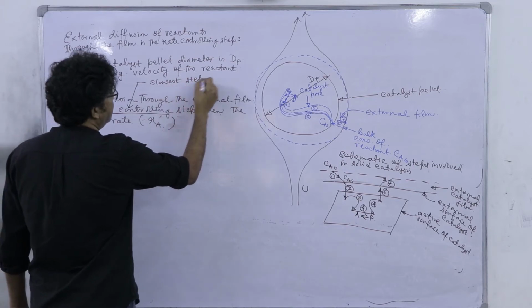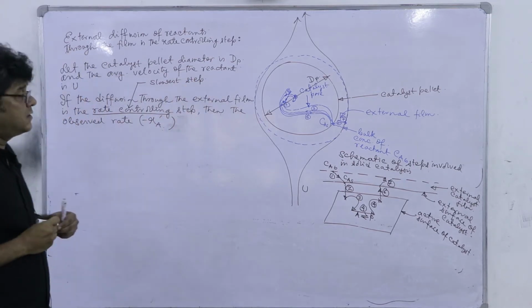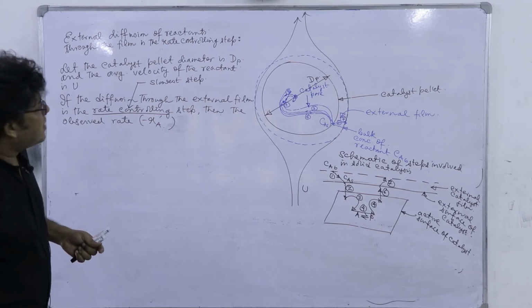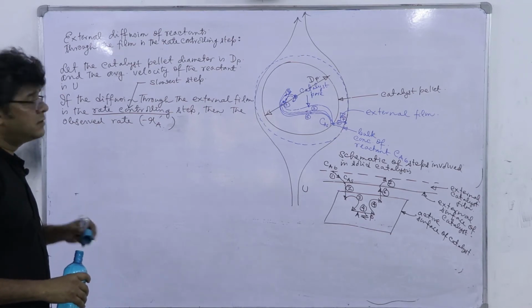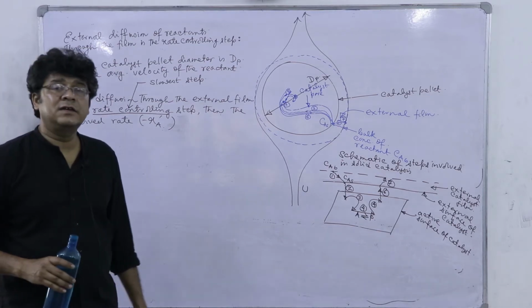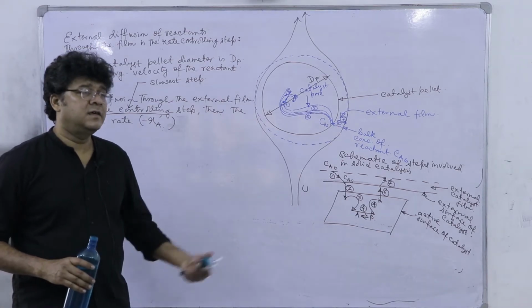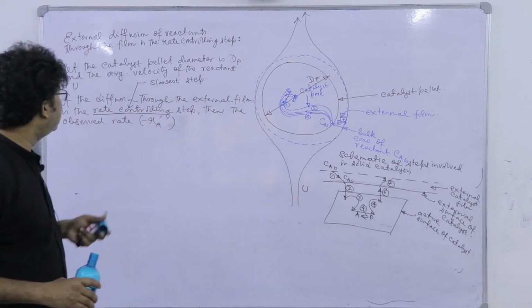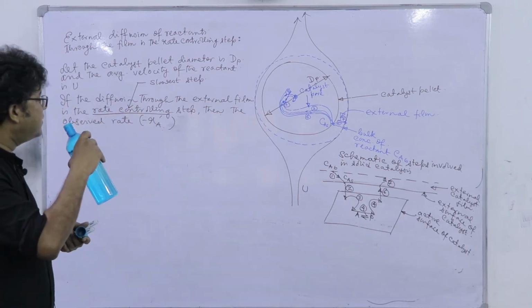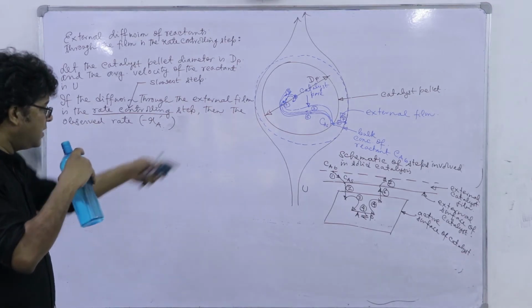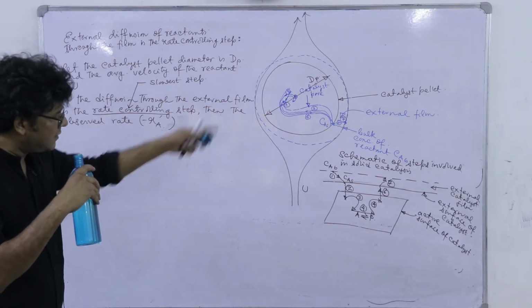So, the rate of this specific step may be taken as the rate of the overall process because the rate of all the other steps is insignificant compared to that specific rate. So, this is the most sluggish rate of this entire catalysis, considering all the 7 steps.